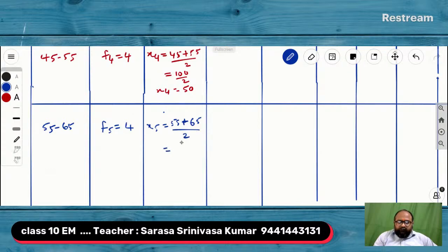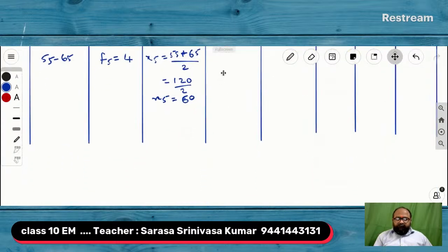This is equal to 120 by 2. Therefore, x5 equals 60. We have calculated this. Now we consider the next interval 65 to 75.